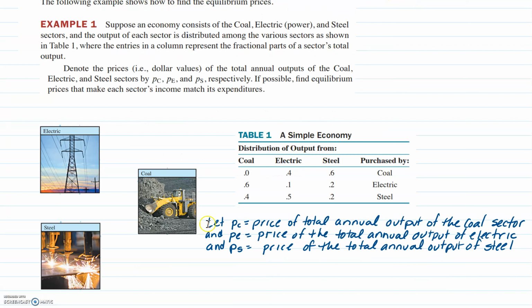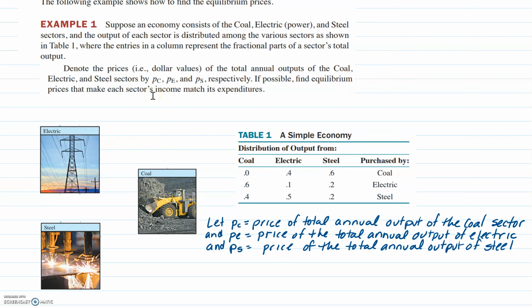The first thing I'm going to do is let P sub C be the price of the total annual output of the coal sector, PE the price of the total annual output of the electric sector, and PS the steel sector. To explain what this table means, I'm going to start with the middle column, the electric sector, where 0.4 is purchased by coal. On the left here, I have 3 pictures of the 3 sectors.